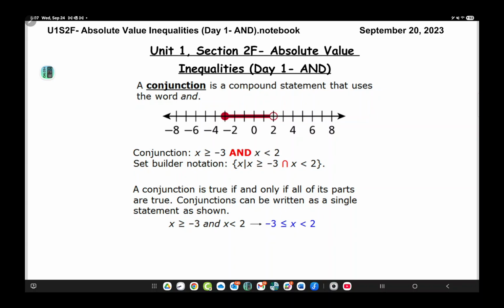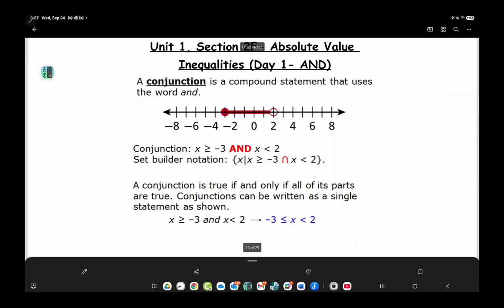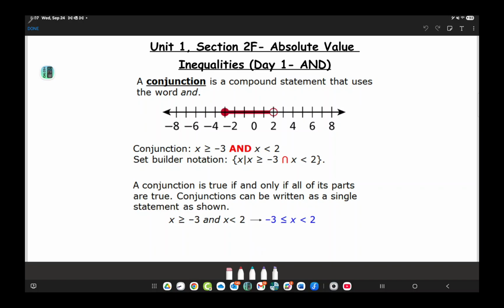So interval notation, by the way, we'll go ahead and write this here. If we have a number that is greater than or equal to -3 and less than 2, based on this graph, -3 and 2, my interval notation is going to look like this.